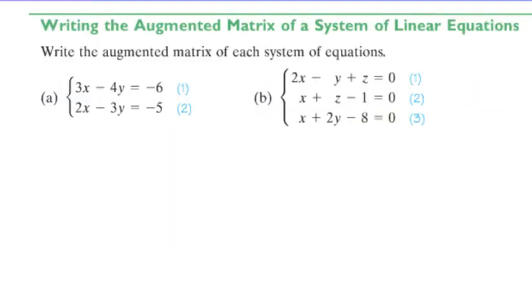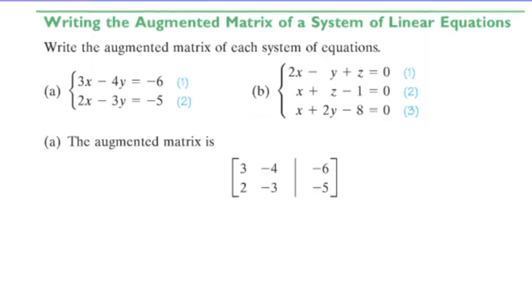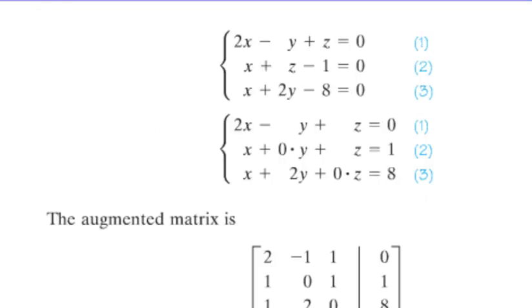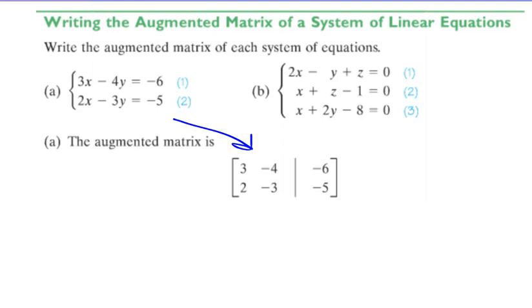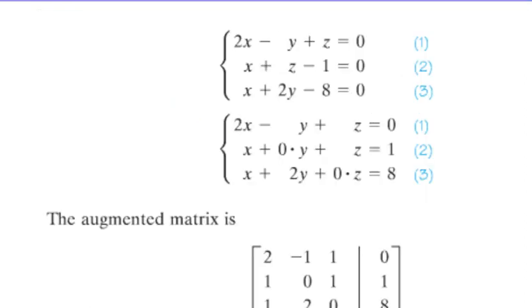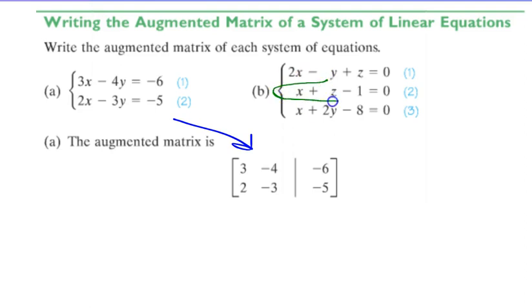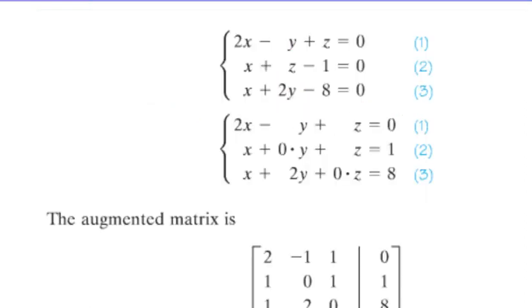So to solve, writing the augmented matrix, this would be 2 rows by 3 columns, and this would be 3 rows by 4 columns. So here it's written for you. And if there's any zeros, such as the second row doesn't have a y value in it, then they'll place a 0 in.